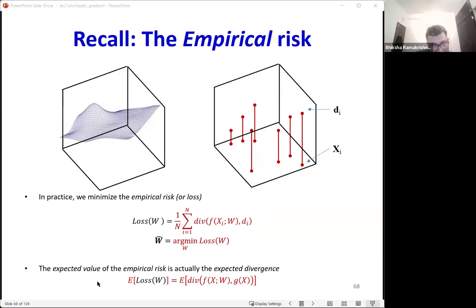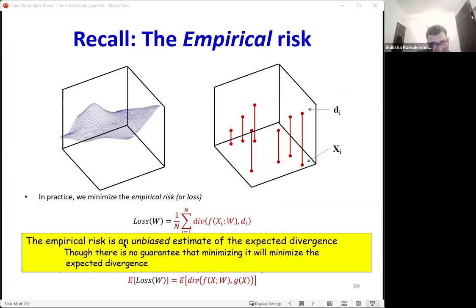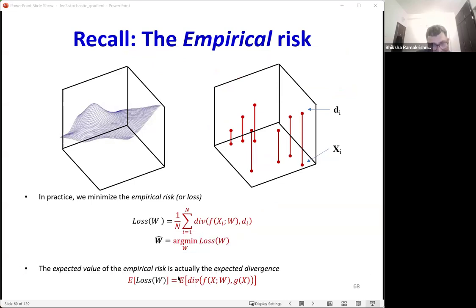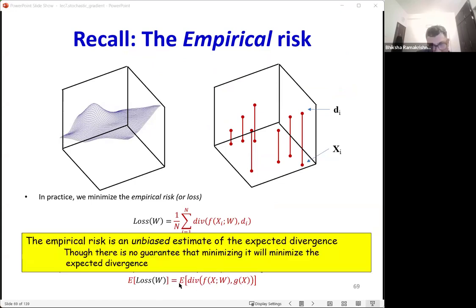So because the expected value of the empirical risk is exactly the same as the expected divergence, this is called an unbiased estimator.